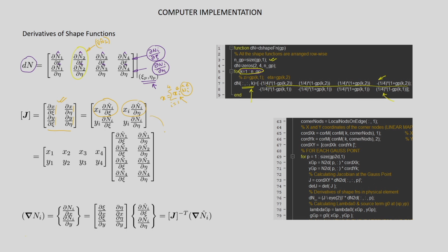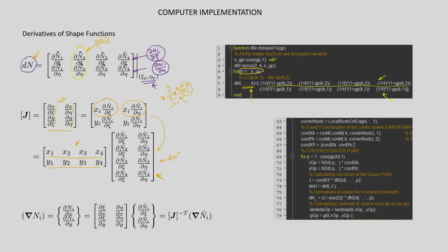The same thing we can calculate in the following way. We can note down all the x coordinates of the node points and y coordinates of the node points in this form, and we can post multiply with the transpose of this Dn matrix. If you look at this matrix, this is basically the transpose of Dn.